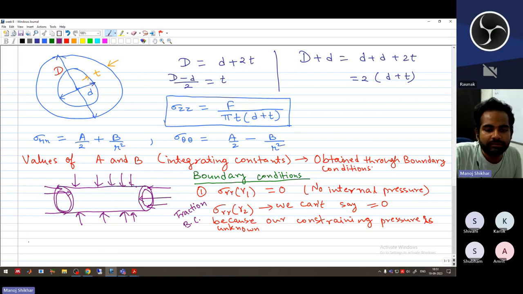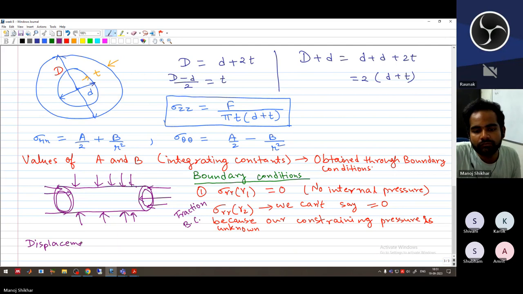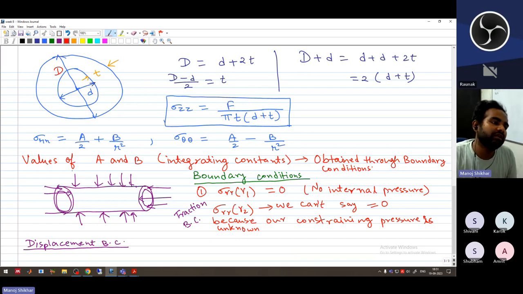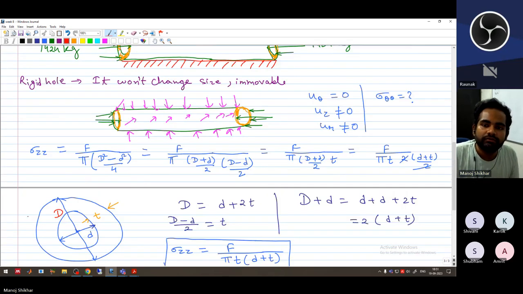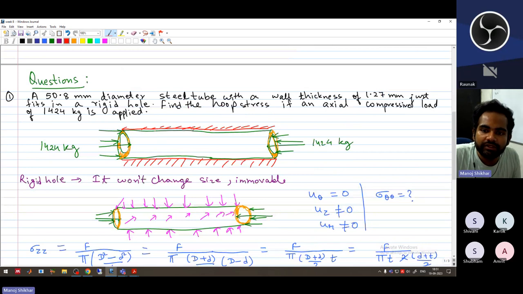Now what will be the displacement boundary condition? At the end point, we know that UR will be 0. Why? Because the last point is not rigidly connected, it is a fit with the hole.